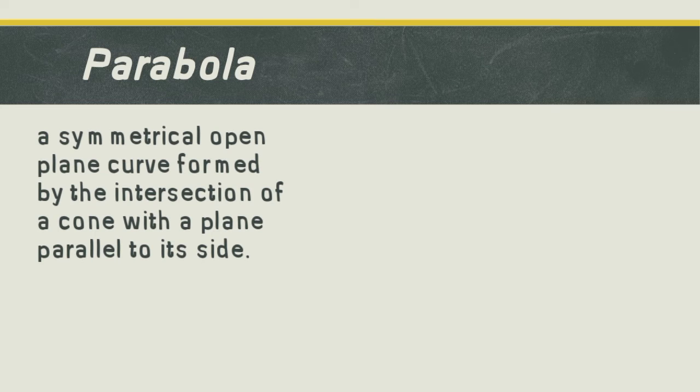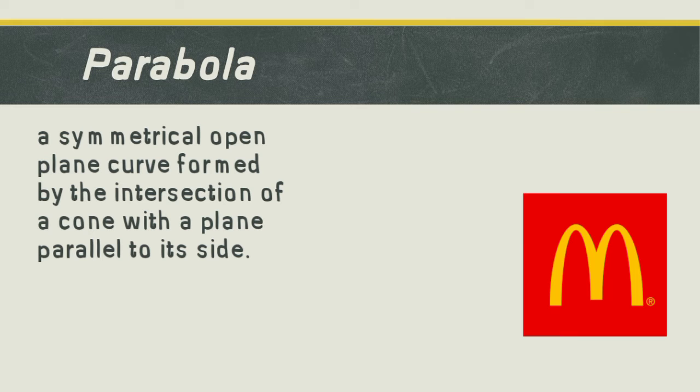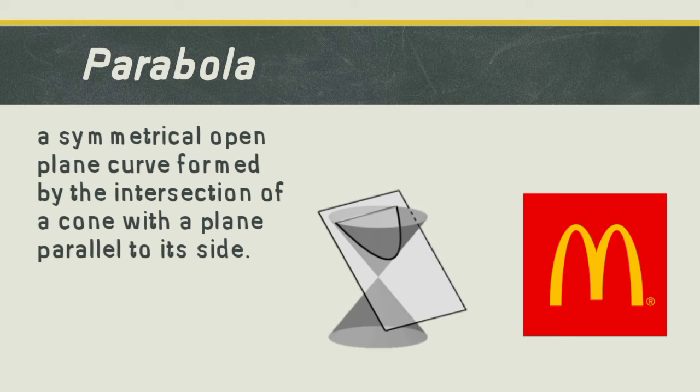Next, conic section is parabola. A symmetrical open plane curve formed by the intersection of a cone with a plane parallel to its side. Example, the logo of McDonald's. And this cone represents the parabola.